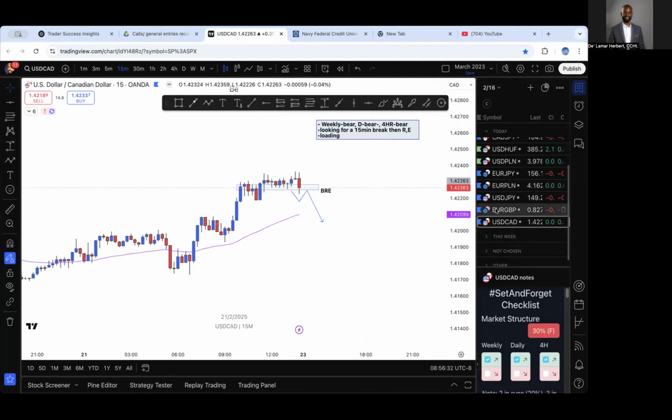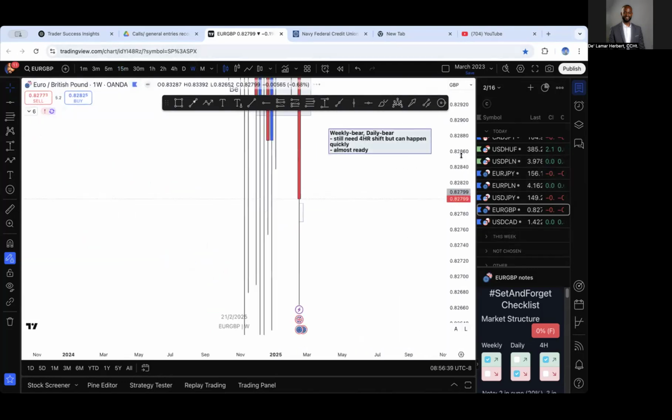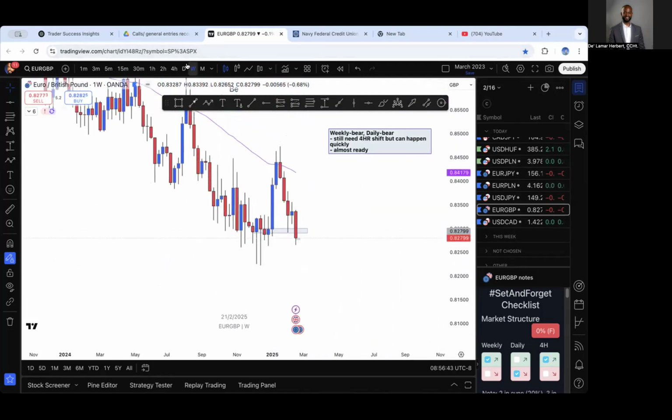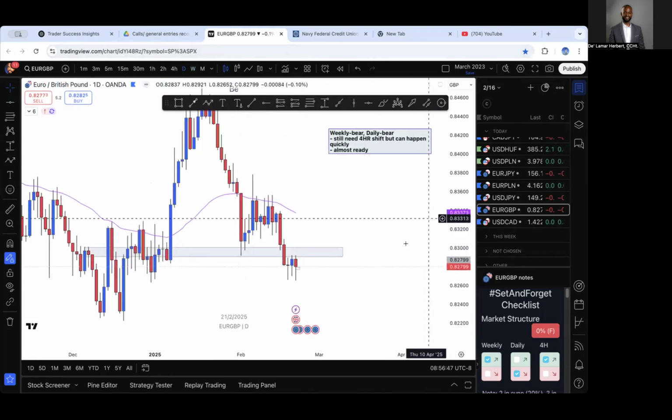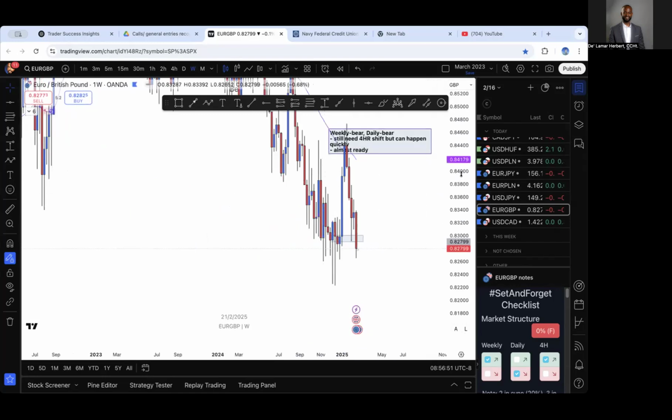So that's my first one, USD CAD, Euro GBP, standing on business. US GBP is bearish, technically, made that structure shift. Daily is bearish. Price is at the lower low.